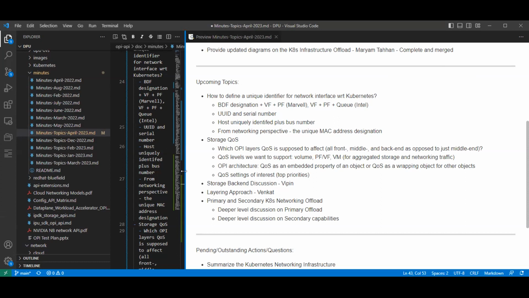Whenever we can have that discussion before next week's meeting, or I can throw together a sample like you did in your own branch, not as a PR, but just to show what is going through my mind, and then we can have a reconciliation effort happening through the emails or Slack or whatever works in the OPI storage group. Right? Yeah, that works. Okay. I think one thing to keep in mind, and it was kind of an open question for me, is that one of the major goals is to reuse connections.